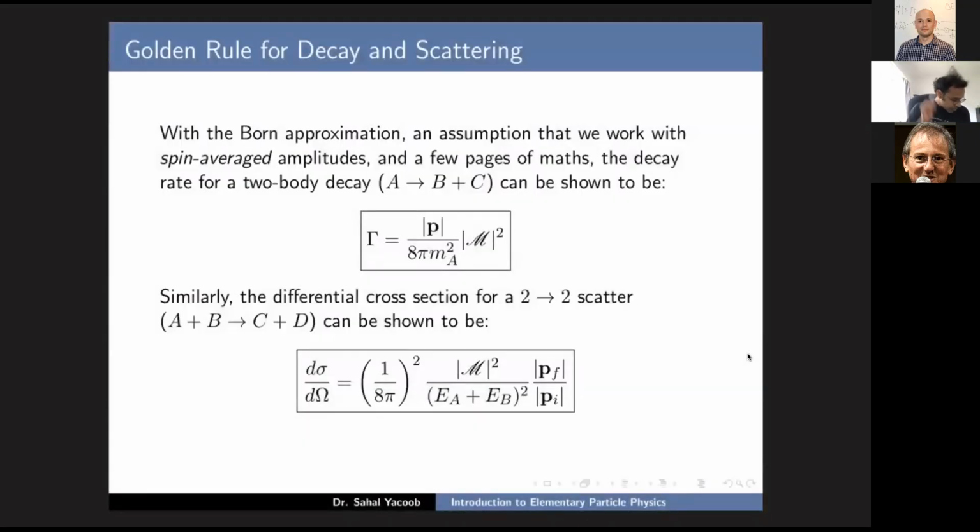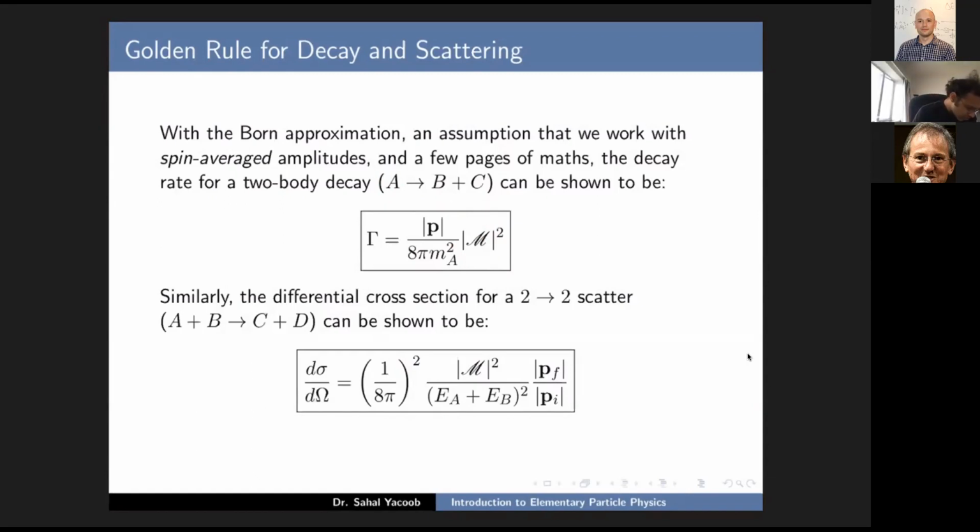We spoke last week about the Born approximation, and then there's some maths that we're not going to do. I told you without much proof, since it's an honors level course to work through the proof usually, that the rate for a particle A to decay into its daughter particles B and C has this bit, the square of the matrix element, which depends on what these particles actually are, and the physics will tell us if it's allowed.